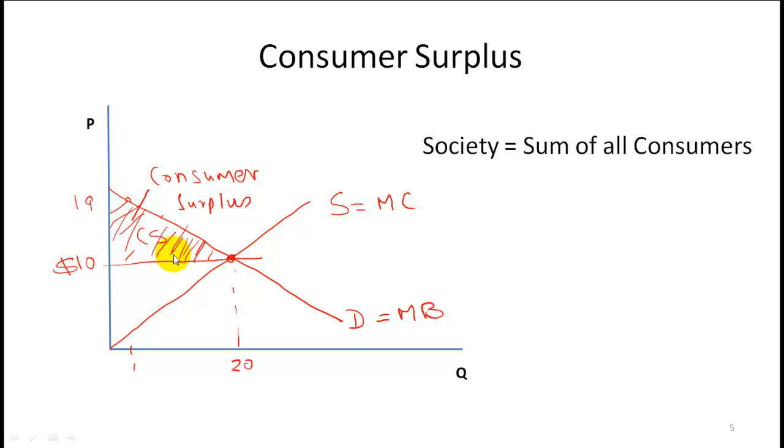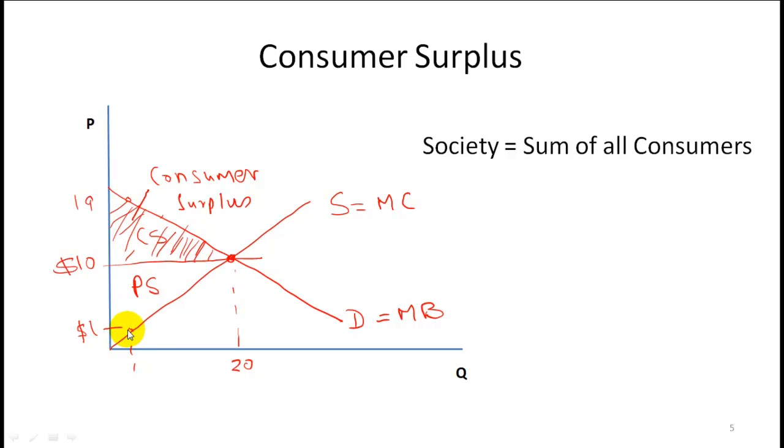Let's also understand the concept of producer surplus, and this region over here is the producer surplus. This is the benefit to producers. How much are producers selling for? Producers are selling for, and hence getting, $10 per unit. But let's say that for the first unit their marginal cost was only $1.